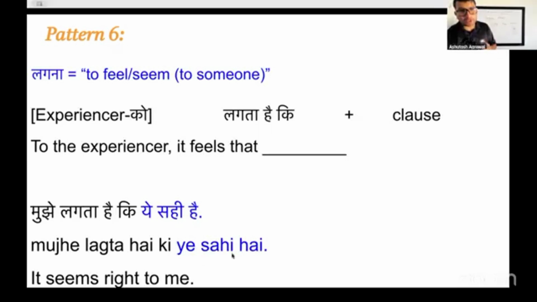You can either use the opposite of sahi, which is galat, or you can say nahi. सही नहीं है. Beautiful. मुझे लगता है कि ये सही नहीं है. I feel, it does not seem right to me. When you are noticing something wrong, right? Or you can say मुझे लगता है कि ये गलत है.